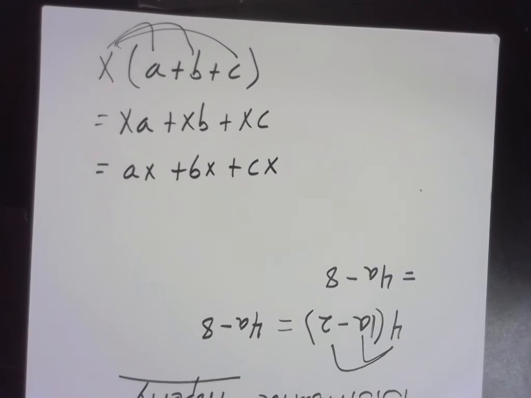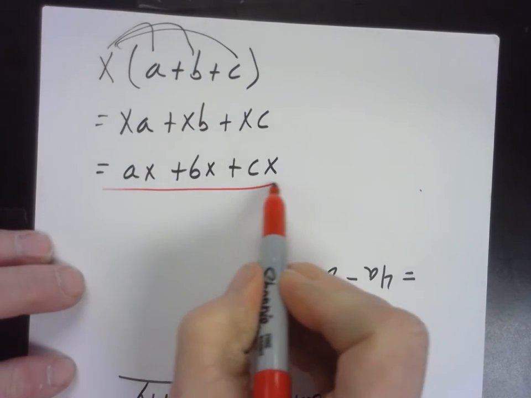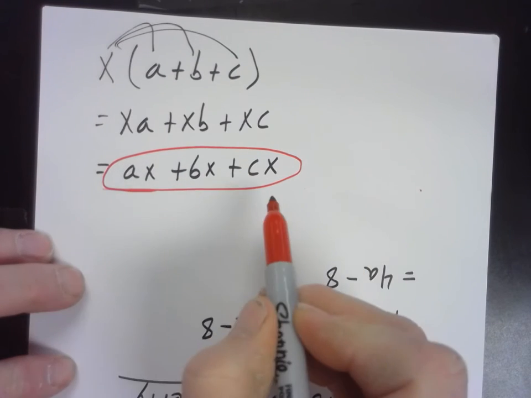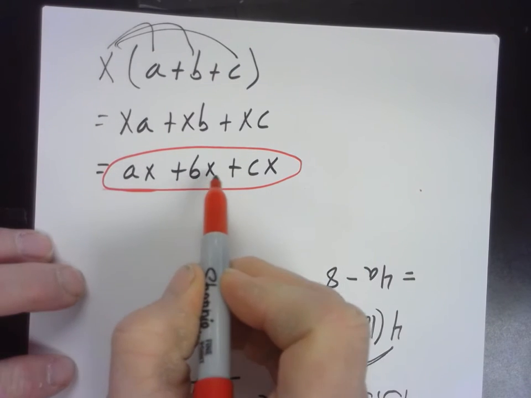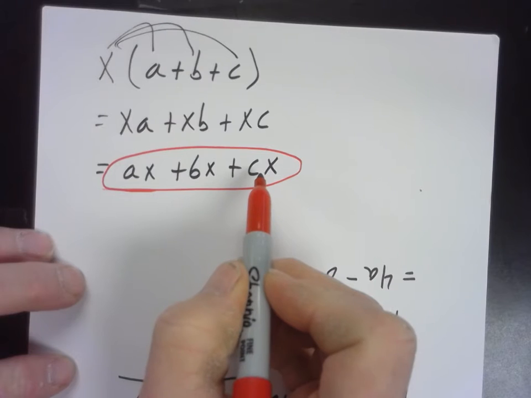It doesn't matter what order you list the variables in, you're going to get the same thing, because when we multiply, isn't that commutative? Doesn't matter what order you multiply in. Now, listen carefully. I'm almost always going to write them in alphabetical order. There's a good reason for that.